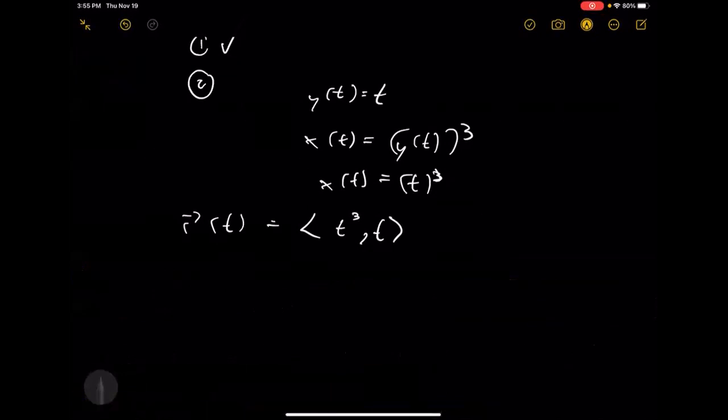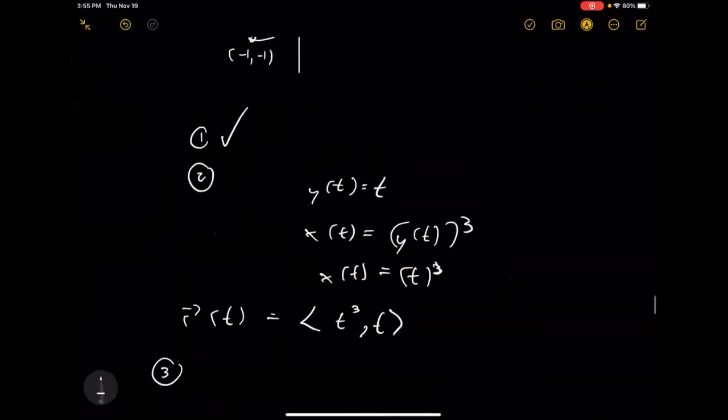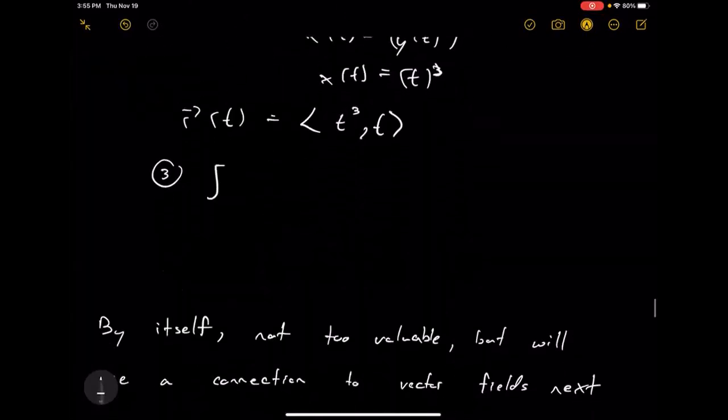Next step, convert everything. So I want to convert the integral. My e to the x, what does that become? Well, I replace x with t cubed. And then I need y prime of t. Well, no, excuse me, I'm integrating with respect to x, right?